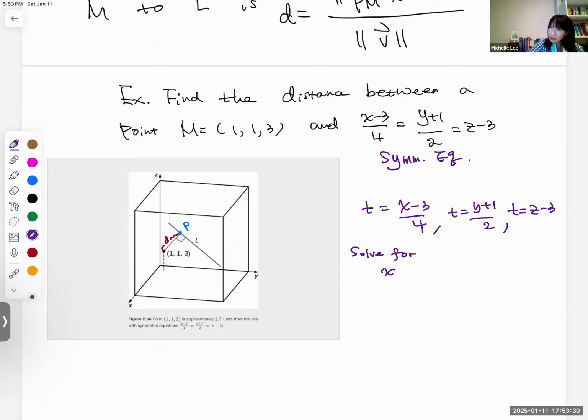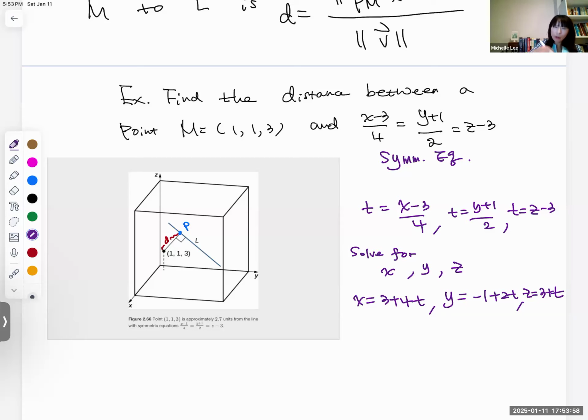Okay, then x equal to 3 plus 4t and y equal to negative 1 plus 2t and z equal to 3 plus t.